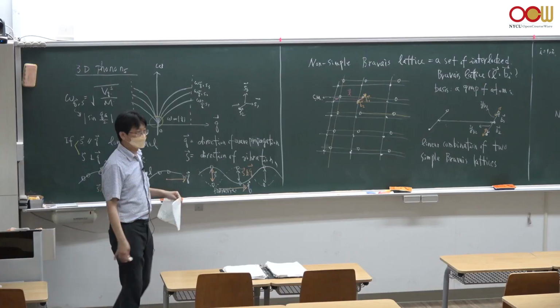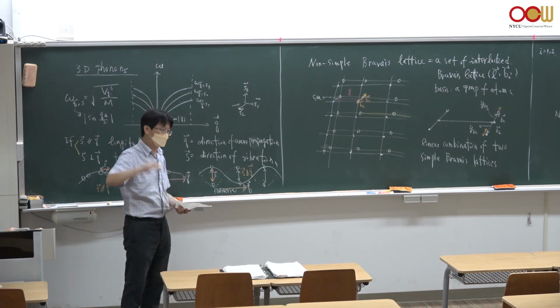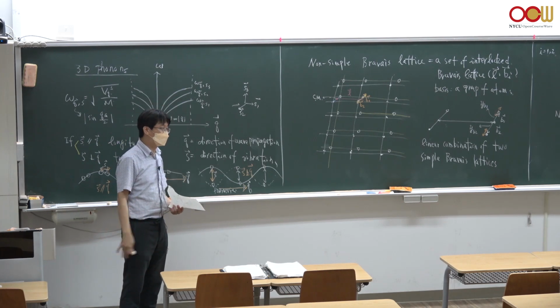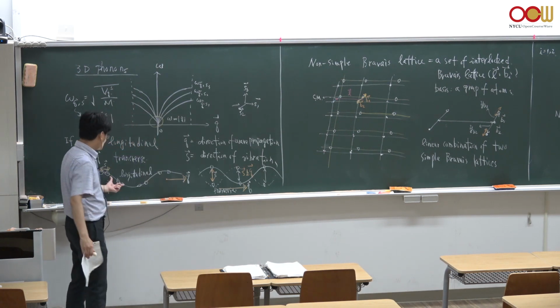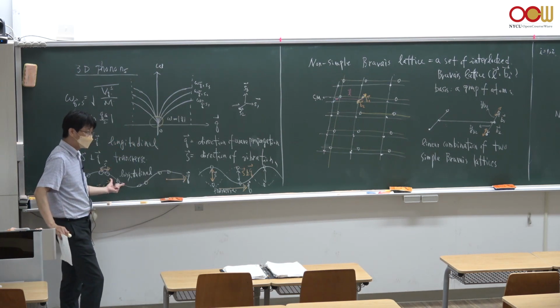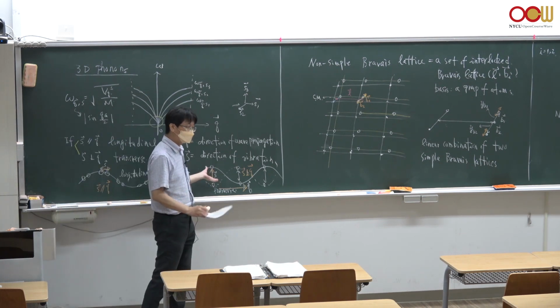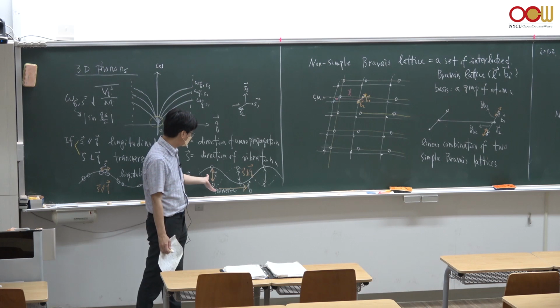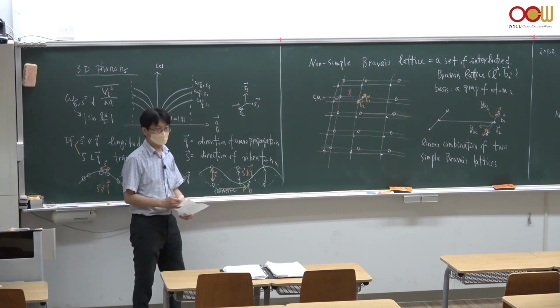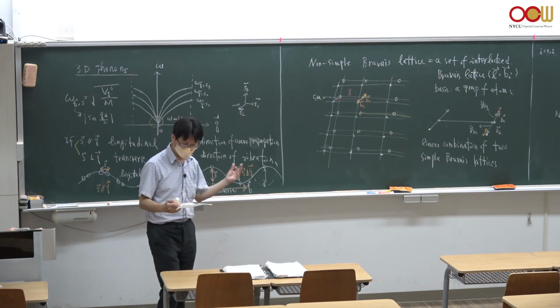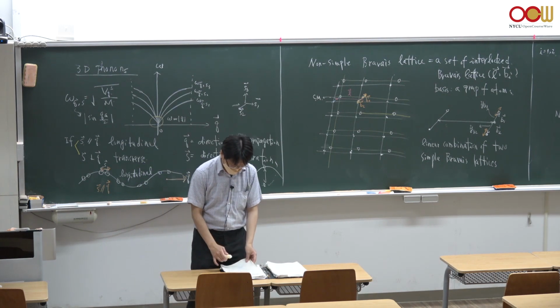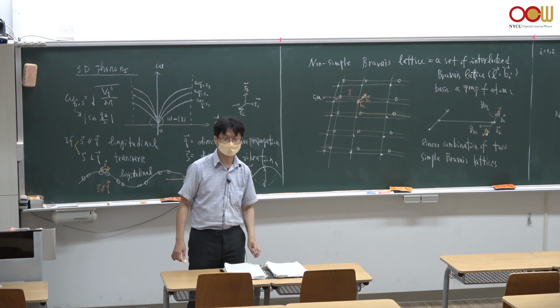Another 3 appear at high energy or high frequencies, which we call optical phonon modes. Acoustic phonon modes are the longitudinal phonons, while the optical phonons are precisely the transverse version of the phonon modes. Let's take a short break. When we come back, we will sketch these 6 phonon modes.